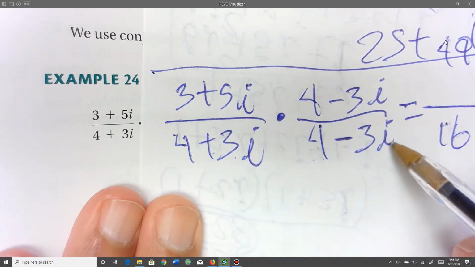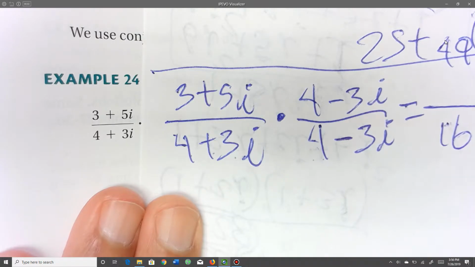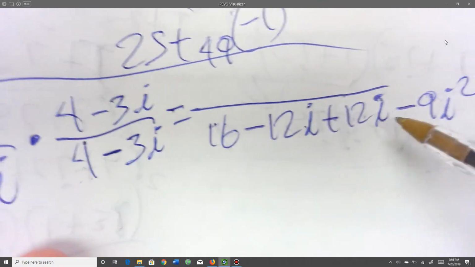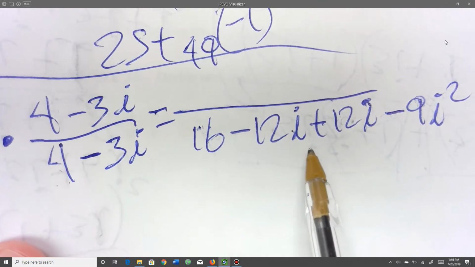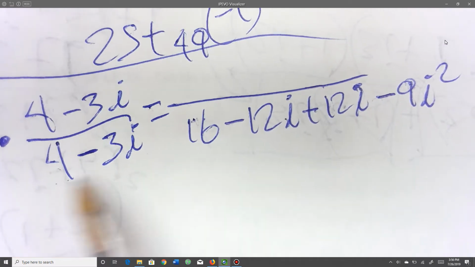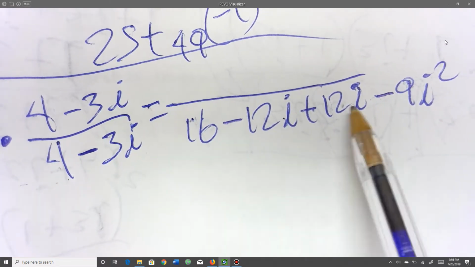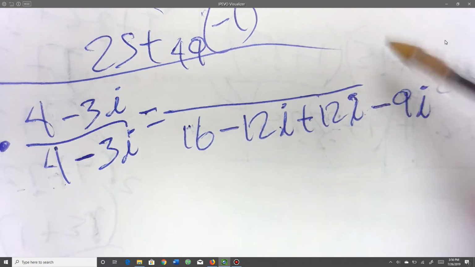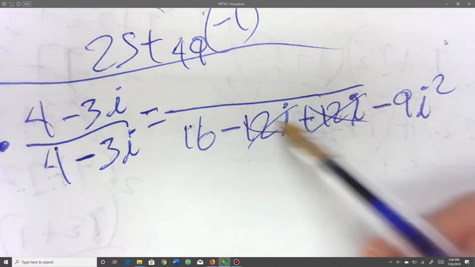And then last terms, negative and positive, is going to give me negative 9i squared. All I did was multiply this, or FOIL it, as some of you call it. And see how these two terms cancel out.